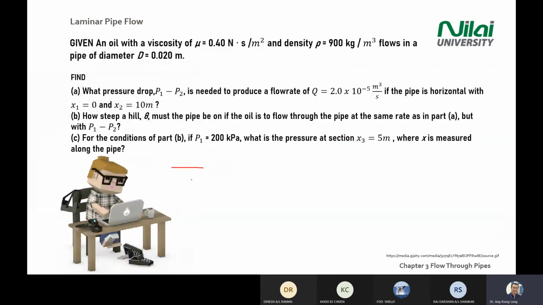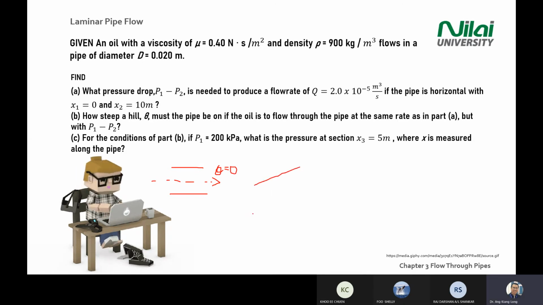All right, so just now I tested a concept. You have two cases. One is a horizontal pipe like this, where your theta is 0. Now, if you have a case where you don't know the pressure between 2 points, but you know the direction of the flow.